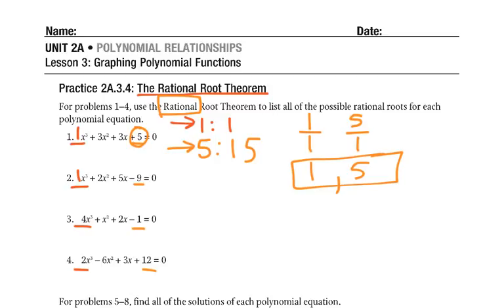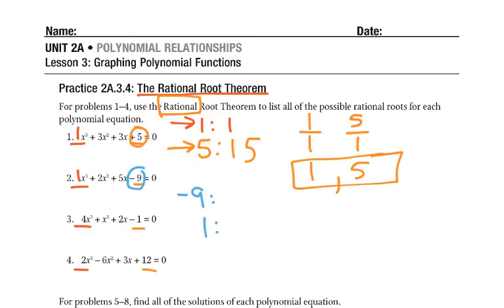So number 2. So I take this negative 9, and we go through all the factors of negative 9. And one thing I forgot to mention, that we're pretty much thinking of all the positive and negative versions of them. Okay, so we think in terms of positive and negative.